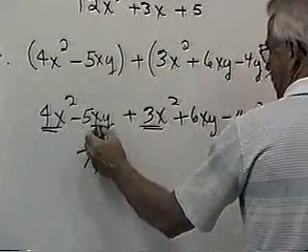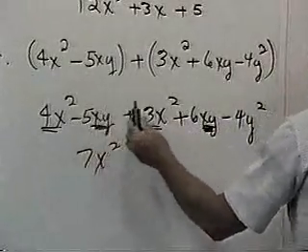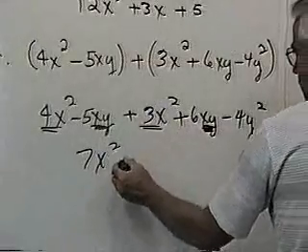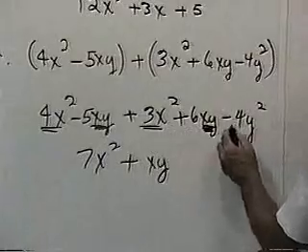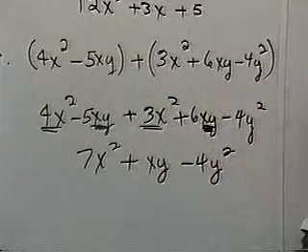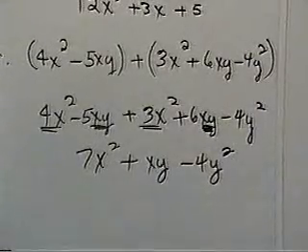Here's some xy's, and here's some more xy's, and we have a minus 5 of those and a plus 6. So a minus 5 and a plus 6 added is a plus 1 of those. And that leaves us just this, so we write it down.